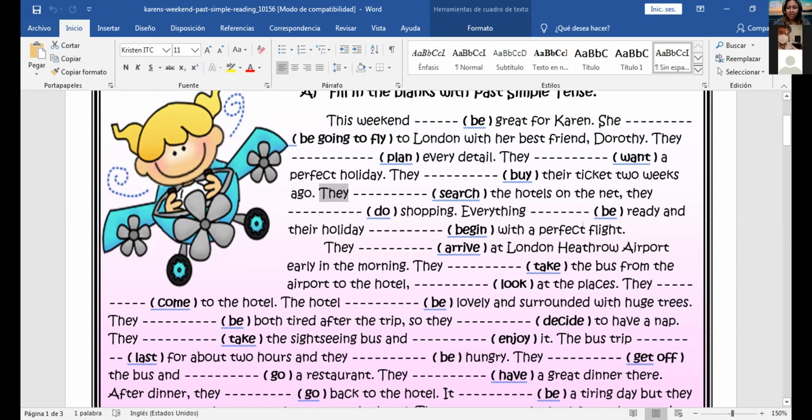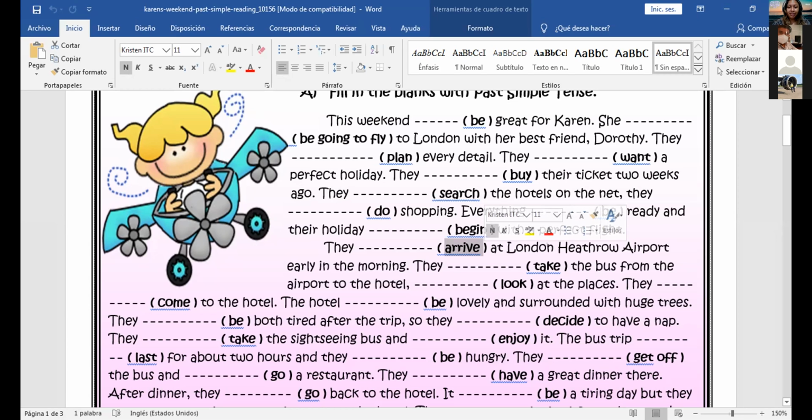Repeat it with me one more time. Flight, with a T at the end. They arrived at London Heathrow Airport.